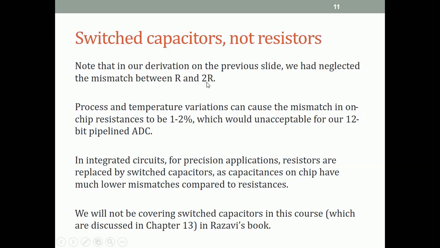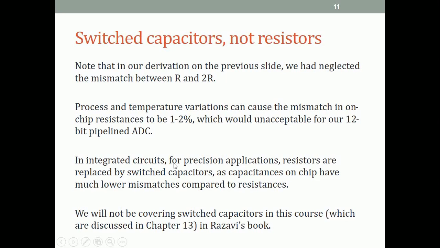Therefore, while designing high precision amplifiers with op-amps, such as a gain of 2 amplifier, one does not use resistors in integrated circuits. One replaces resistors with what are called switched capacitors, because capacitors have much greater accuracy when fabricated on a chip compared to resistors. The resistance value depends on the doping in the silicon, which is difficult to control.